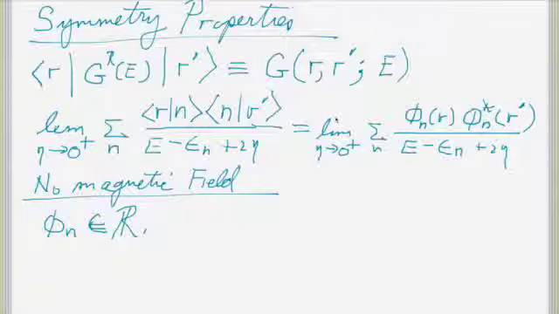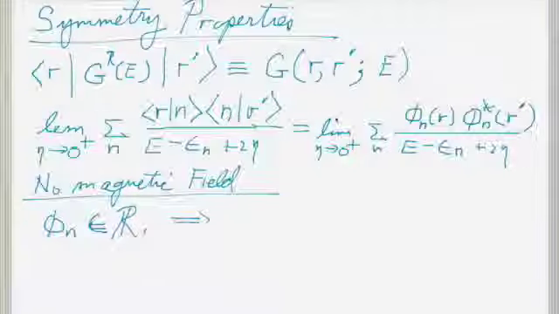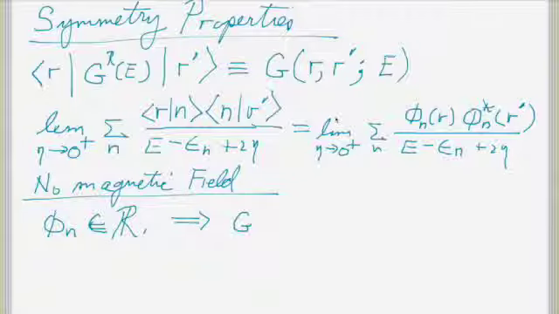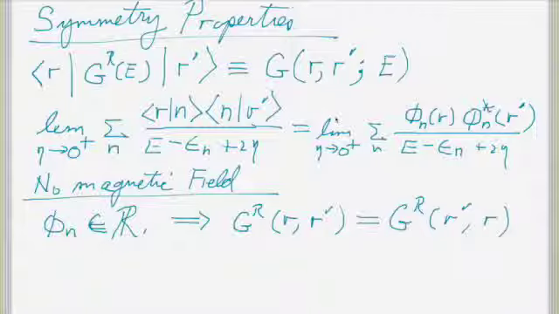And then clearly, G of r comma r prime is equal to G of r prime comma r. That's obvious if the eigenfunctions are real, because phi n equals phi n star. Okay, that's an easy one.